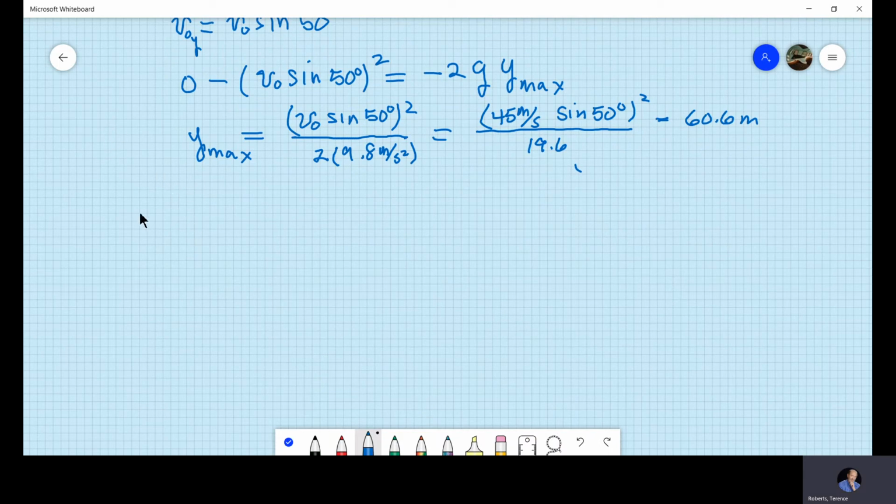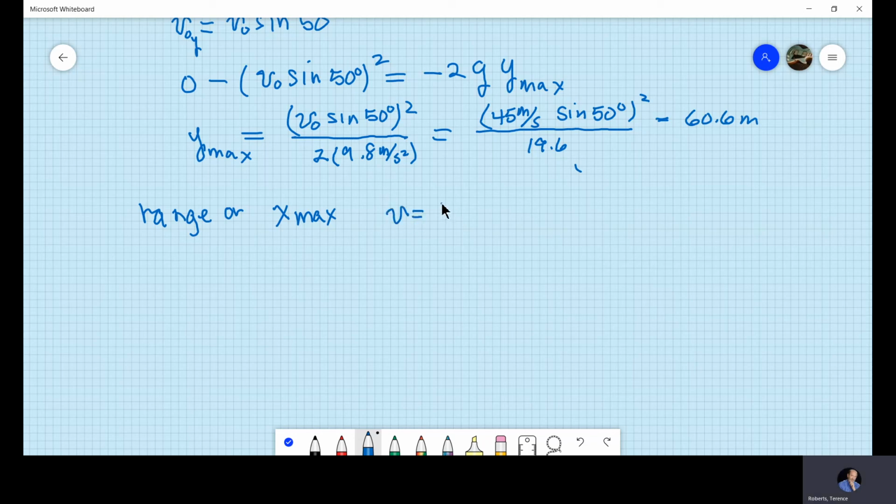Okay, so the range, or just X max, can be found by using a simple equation.